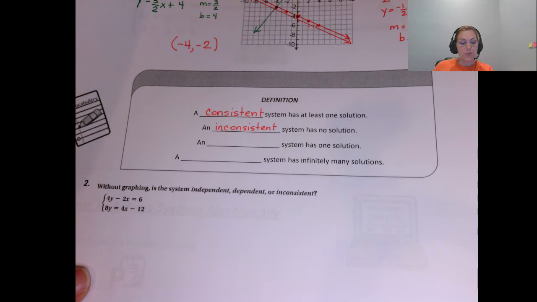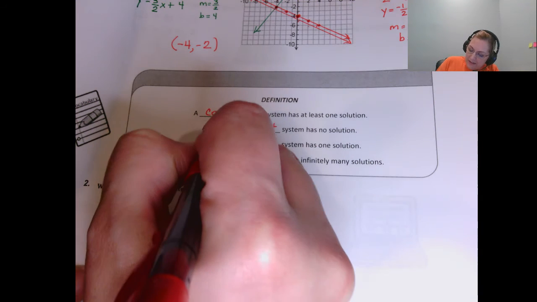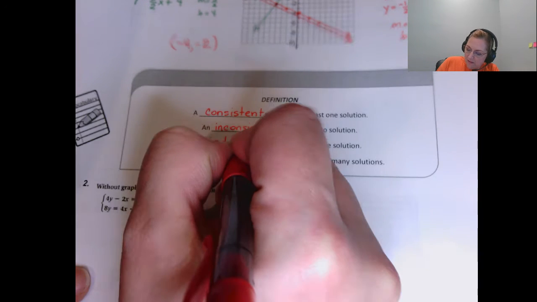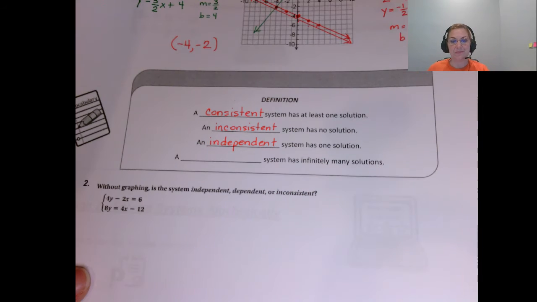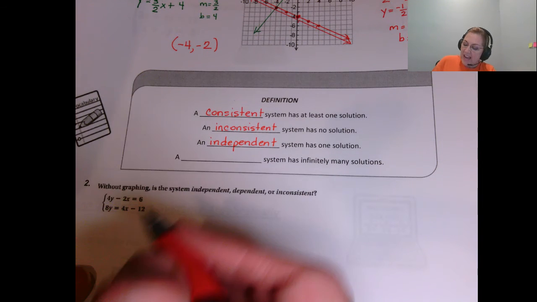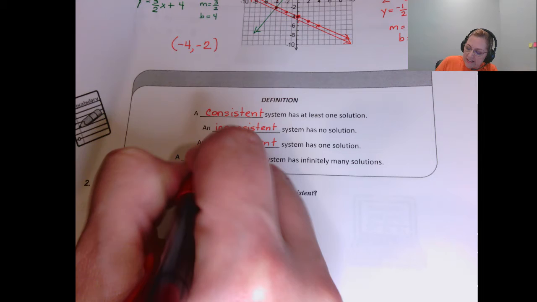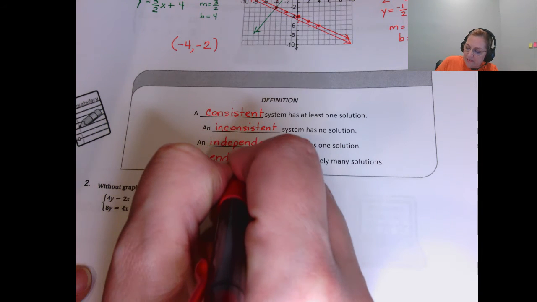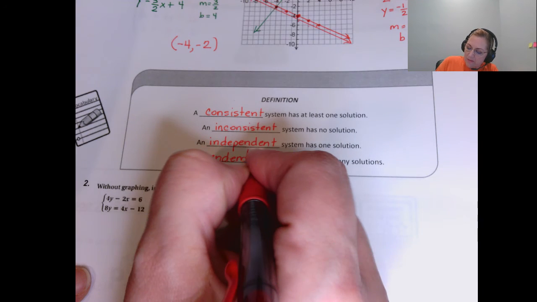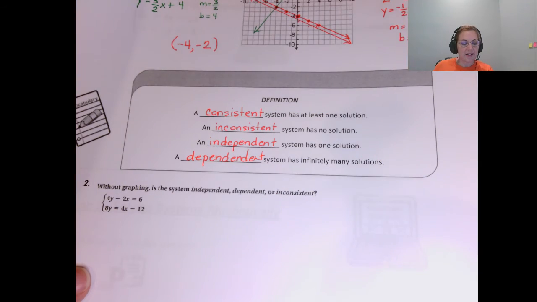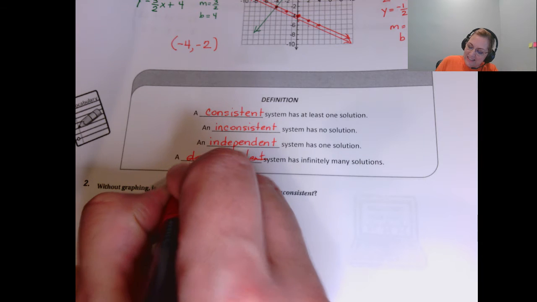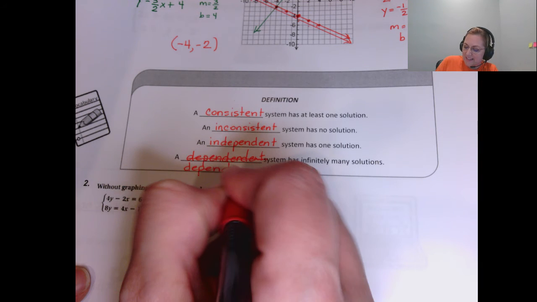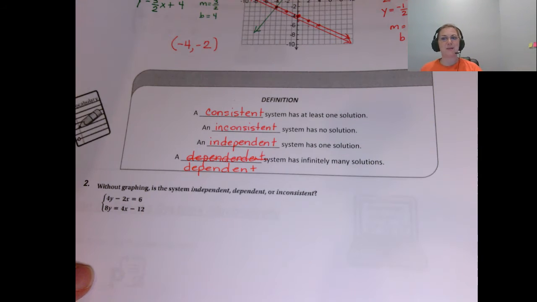Okay, so now an independent system has one solution, and a dependent system, I don't know that I spelled that right. I didn't. Let's spell it right. Dependent. A dependent system has infinitely many solutions.